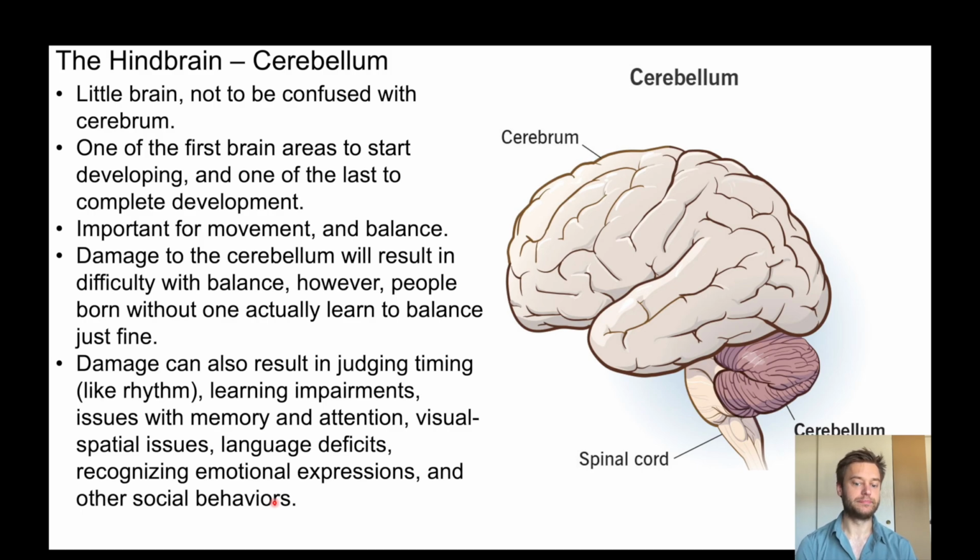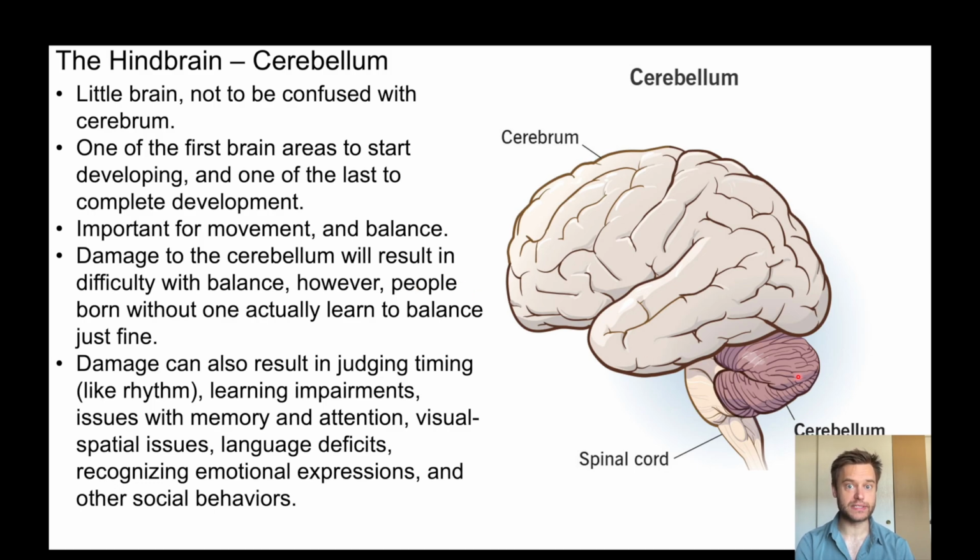Some people are actually born without a cerebellum, and these people show little to no deficits at all when it comes to somatic control. Like what we're talking about over here, rhythm and the ability to judge time and balance. That's not something that these people deal with, even though they don't have the cerebellum.